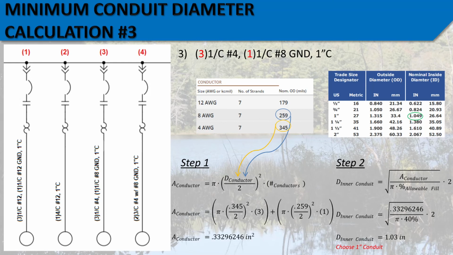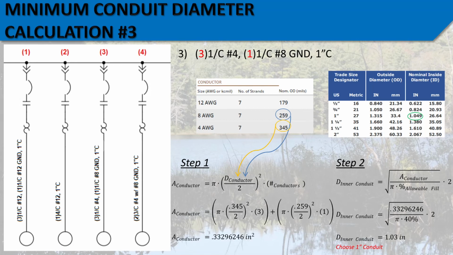And when we calculate the inner conduit diameter, we come to 1.03 inches. So same as the last two examples, if you're basing this purely on the trade size of the conduit, 1 inch is not going to cut it. However, again, if you look at the data sheet for the conduit, 1-inch conduit has an inner diameter of 1.049 inches. Well, in that case, we just squeaked by. We can use 1-inch conduit for these conductors.